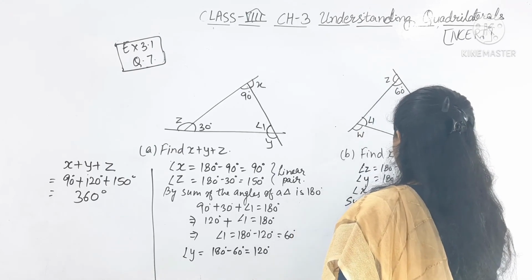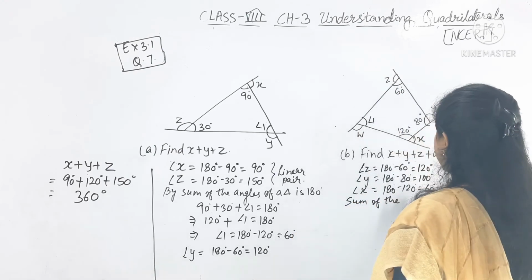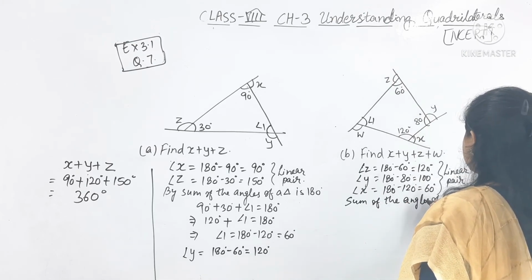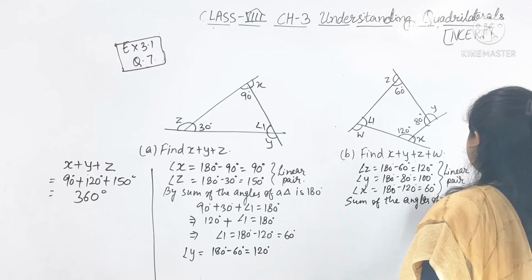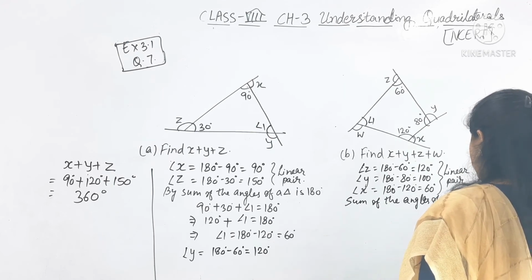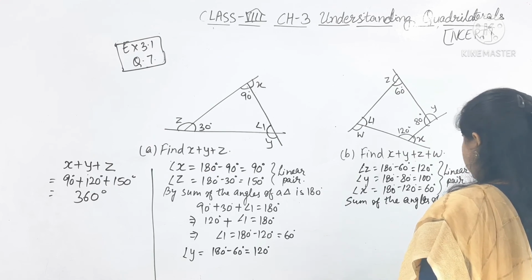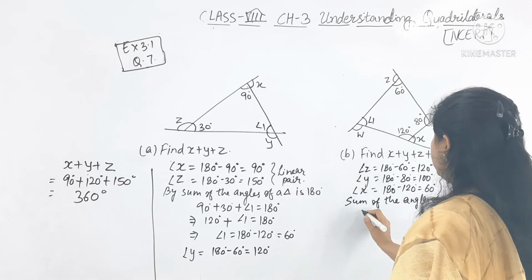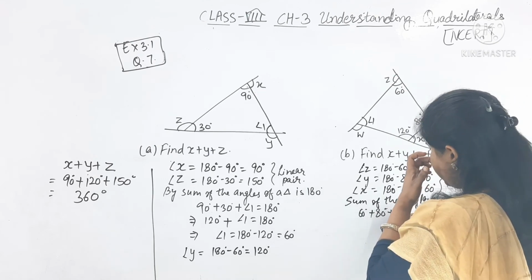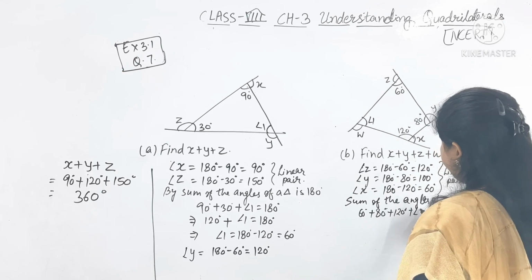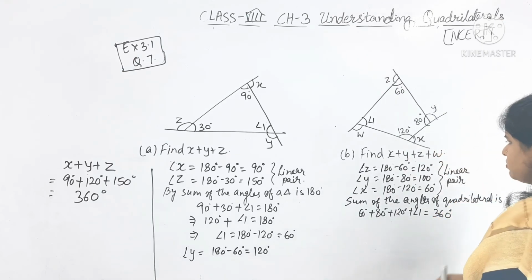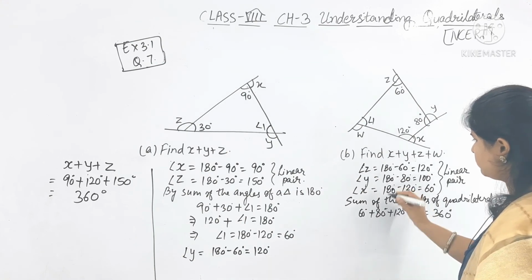Then sum of the angles of a quadrilateral. This has four sides, so this is a quadrilateral. So sum of the angles of a quadrilateral is 360 degrees. So here 60 degrees plus 80 degrees plus 120 degrees plus angle 1 equal to 360 degrees. Have you understood?